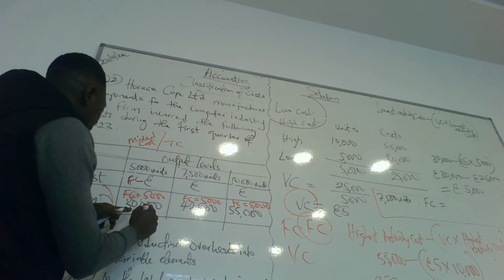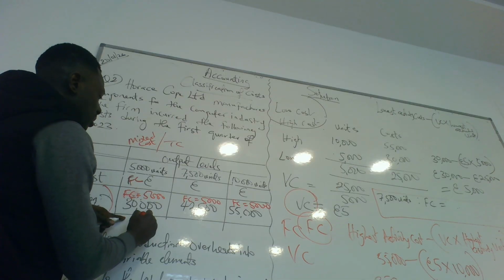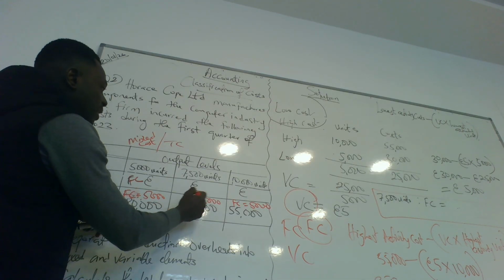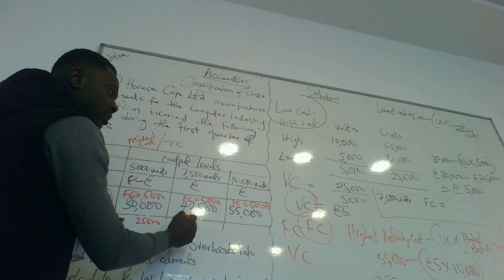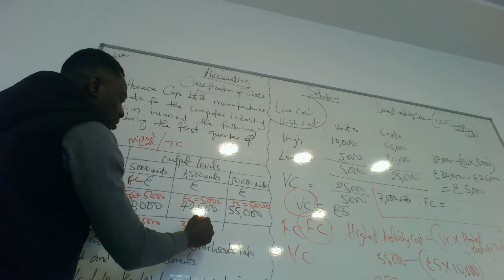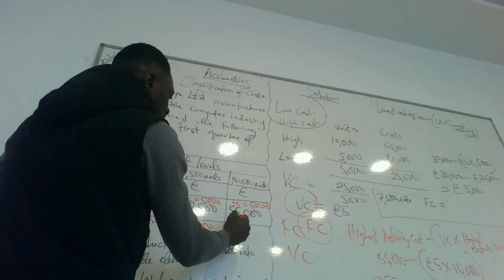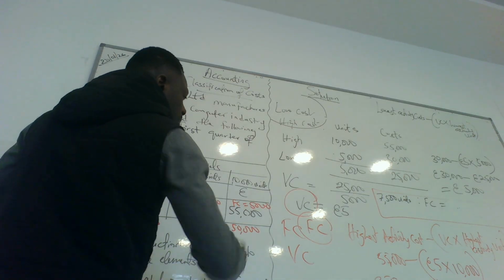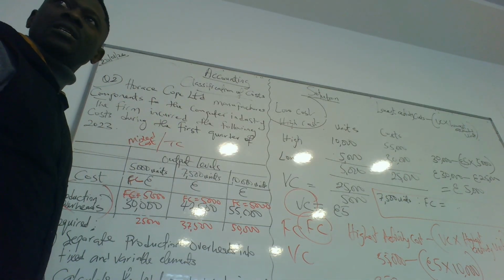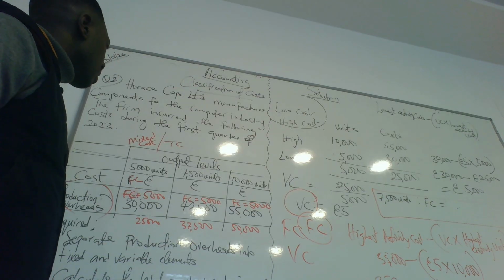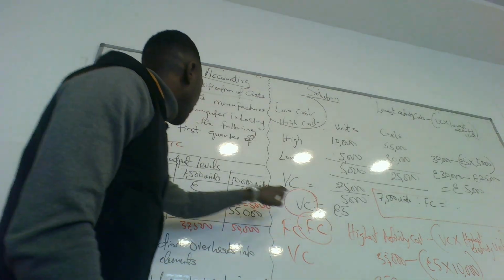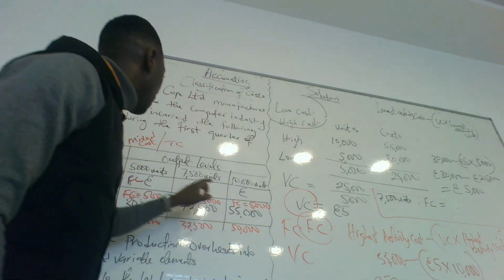So 30,000 minus 5,000 remains 25,000. 42,500 minus 5,000 is 37,500, right? And here is 50,000. Do we get it? This is the variable cost. Yes, this is our variable cost. That's it. So 5 multiplied by this gives you this.